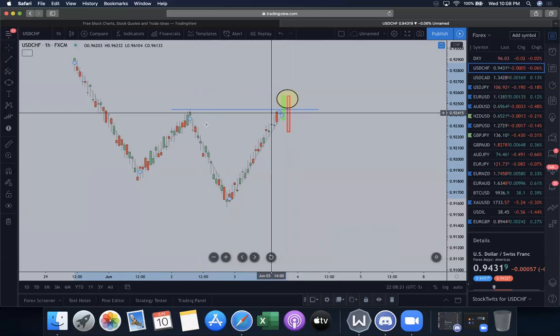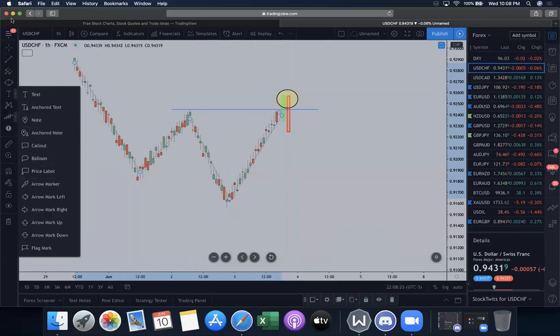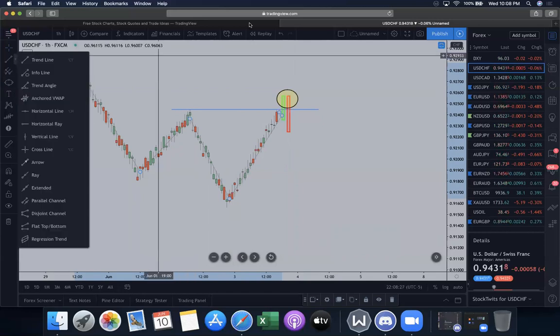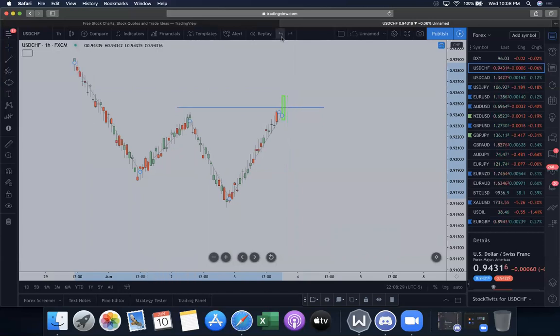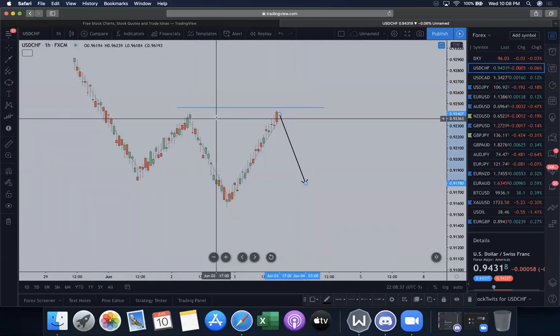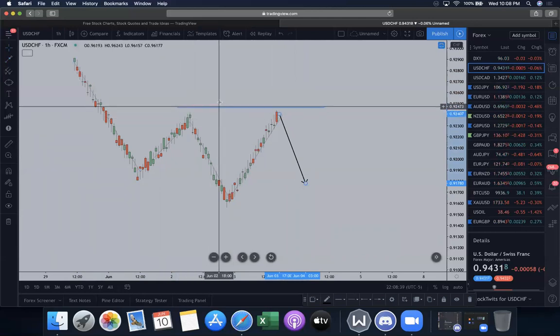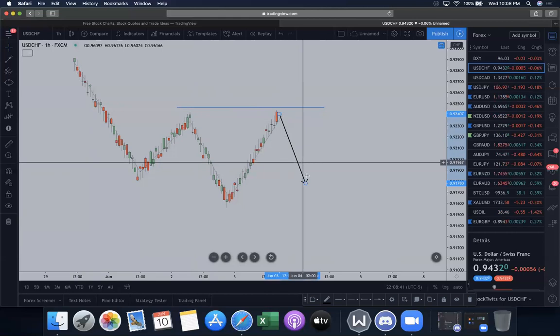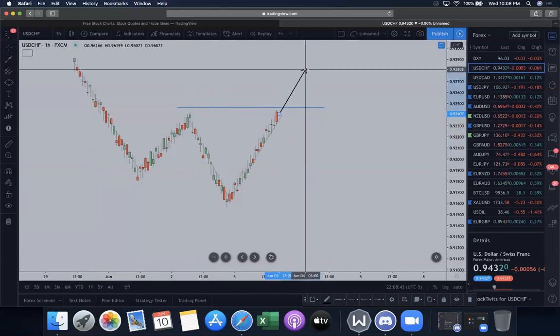Because this is resistance, this is a double top, it's a downtrend. A lot of retail traders will be looking for this here. They're selling here at this resistance with their stop loss above the high, and then they have their buy stops there for the breakout in case it does go.